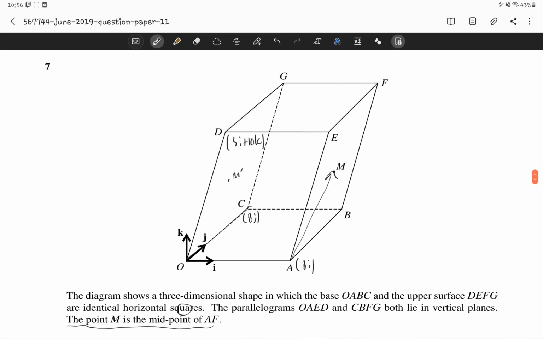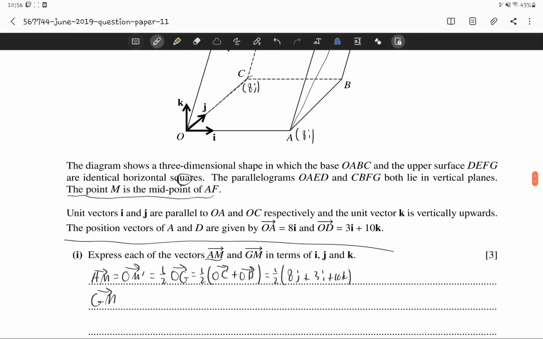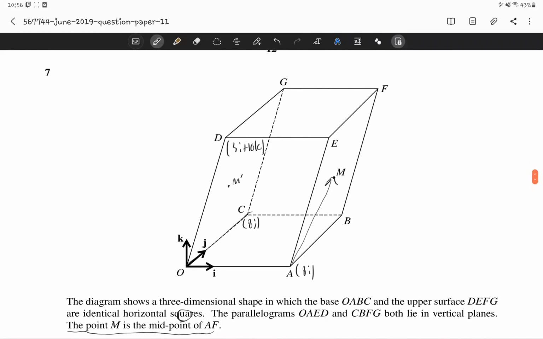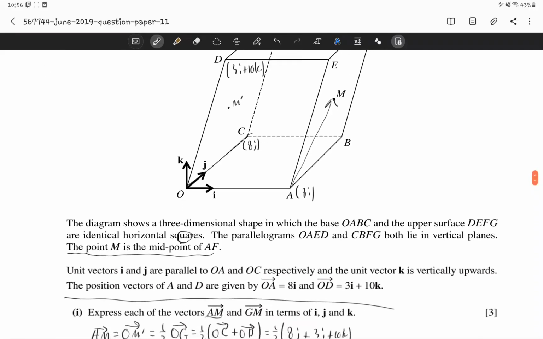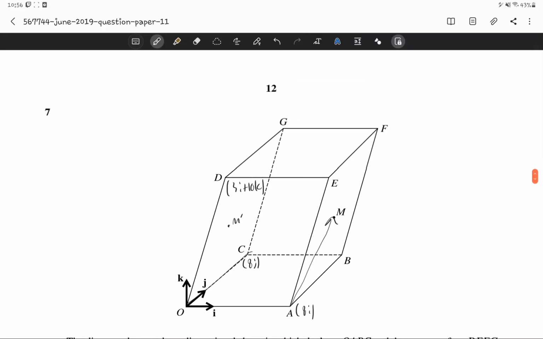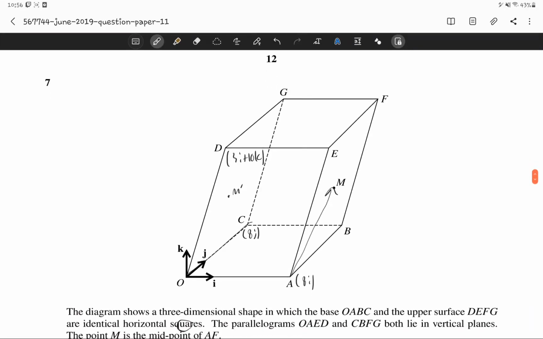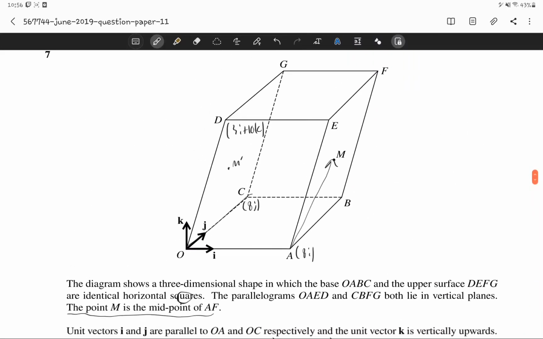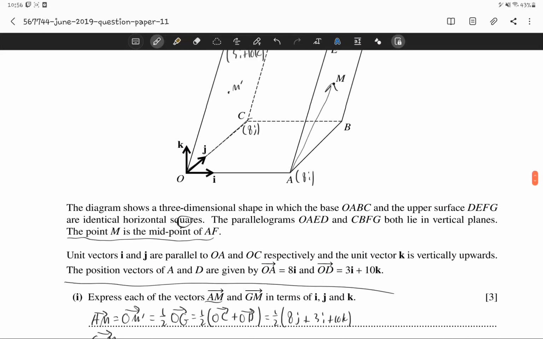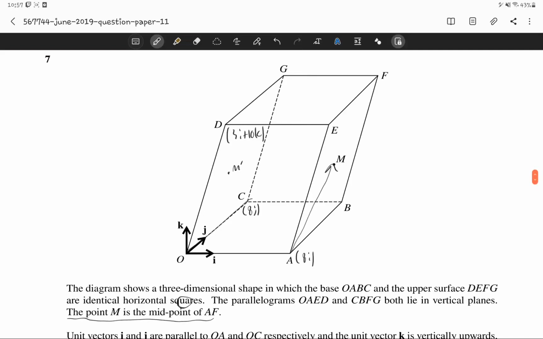What's G? Oh, I don't get the point of this question, but let's do it. I'm just thinking how I can express GM as another one.